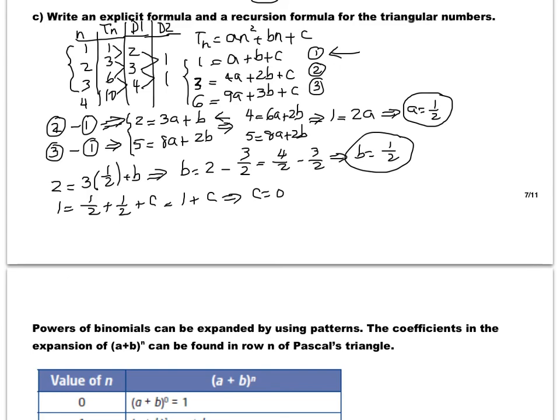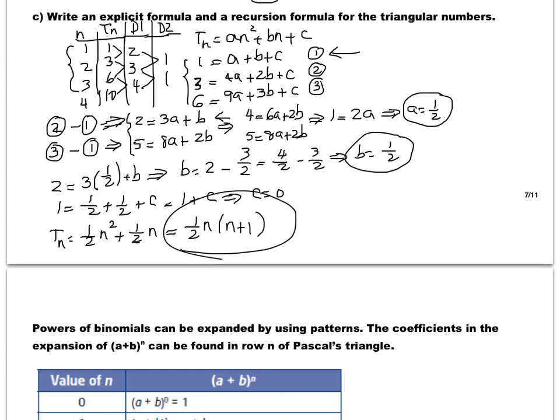So my equation becomes t sub n is a, which is 1 over 2 n squared, plus 1 over 2 n, plus c, which is 0. Now I can factor 1 over 2 n out, so I get n plus 1. So this means that this one is the explicit formula to generate the number of dots for any particular diagram.